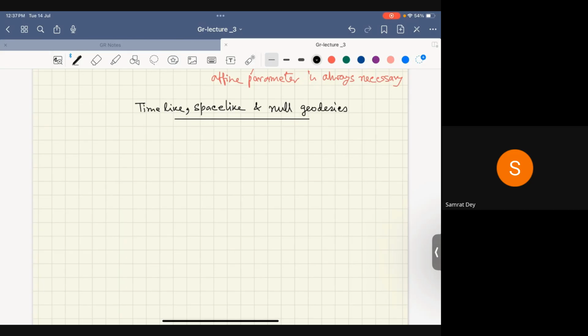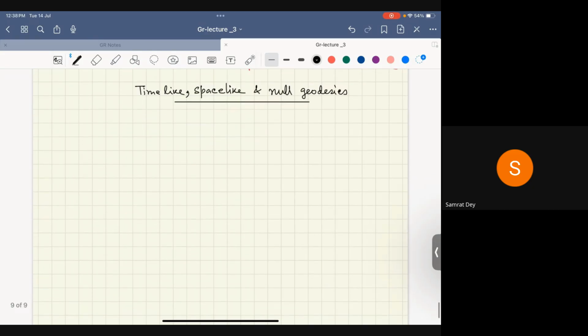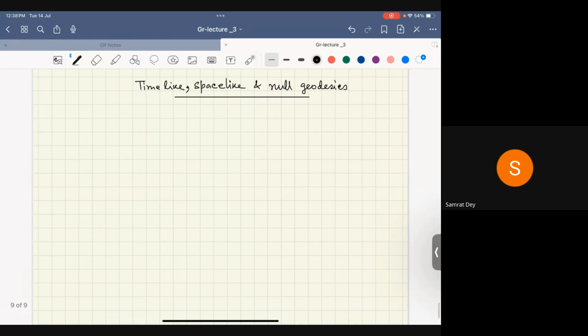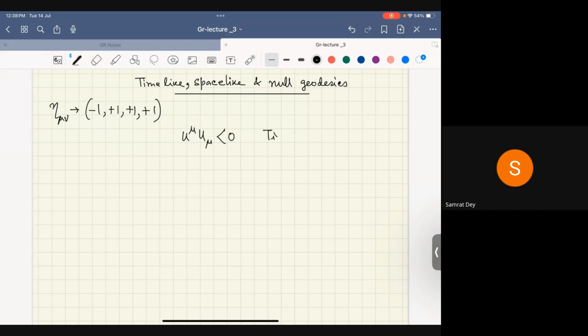So if we are given a geodesic, then we can think of a tangent vector to it. And this u^μ kind of represents the velocity. Remember what was our convention? η_μν was diag(-1, +1, +1, +1). So in our convention, any vector whose norm is negative is known as a time-like geodesic.